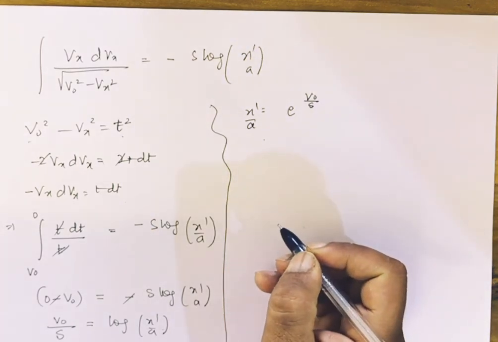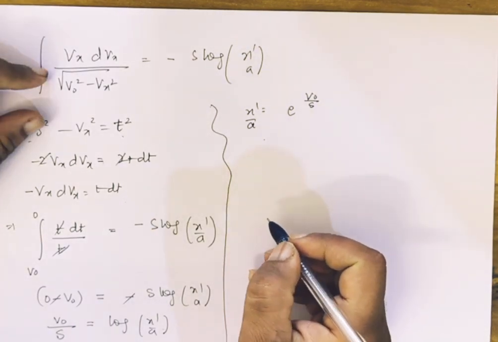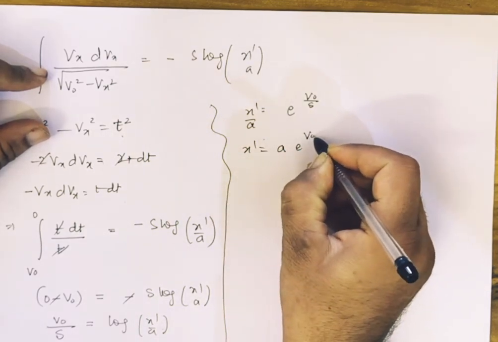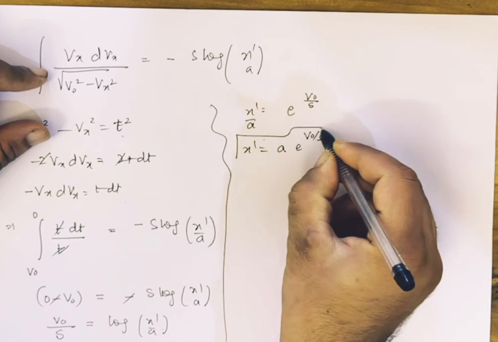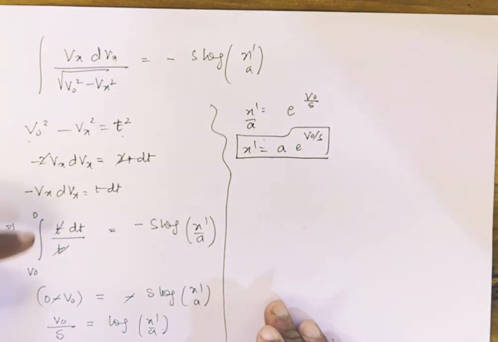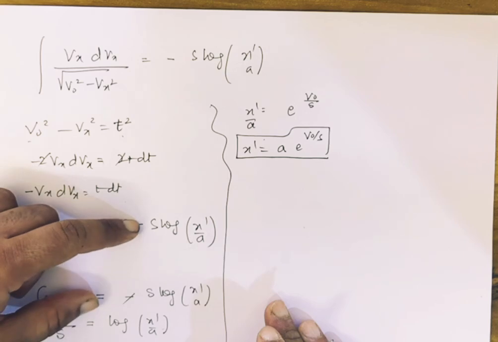That is how we can write it. And x dash will be a e power v naught by s. That is the value for x dash. I hope everything is correct.